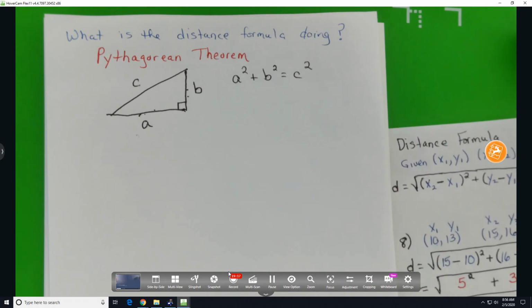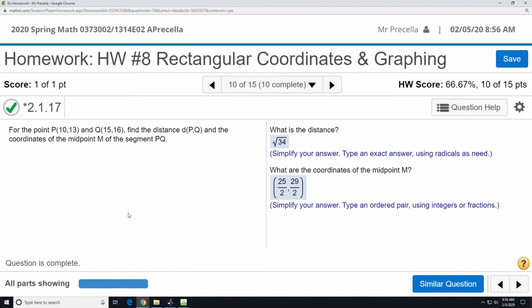Let me go ahead and pull that problem that we did back up, and I'm going to plot those 2 points. Oh, they couldn't be small numbers, could they? So I'm going to draw some graph paper. This is just my x-axis and my y-axis that I'm drawing.